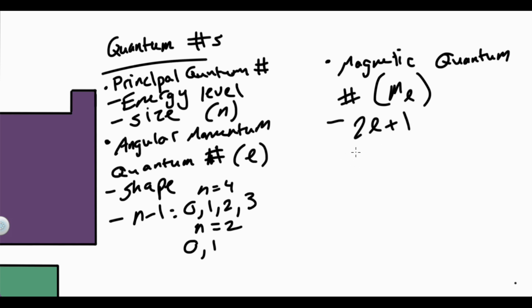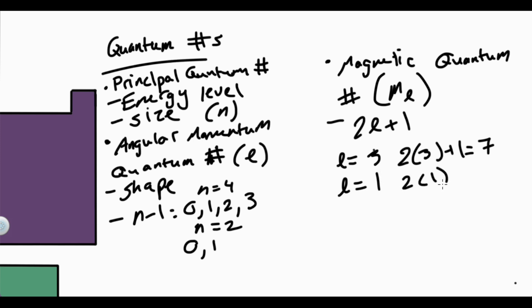So if L equals 3, and I'll get to this in a second, that's going to be in the F subshell, then you just plug it in and you get how many possible ML values there are. Okay, so if L equals 1, then you plug that in and you get 3.